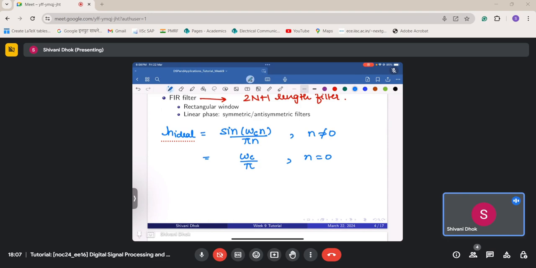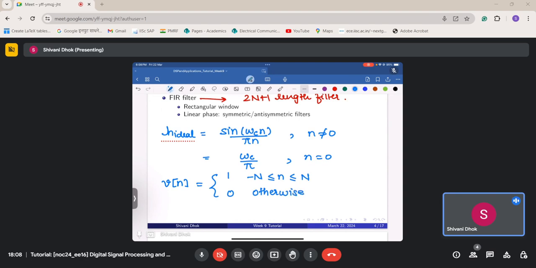Okay, so that we did by considering a rectangular window, which we wrote like this. This rectangular window is 1 for minus N less than or equal to n less than or equal to capital N, and 0 otherwise.